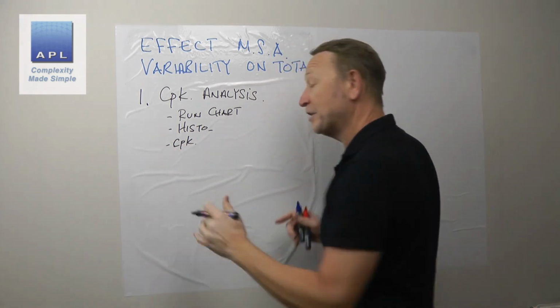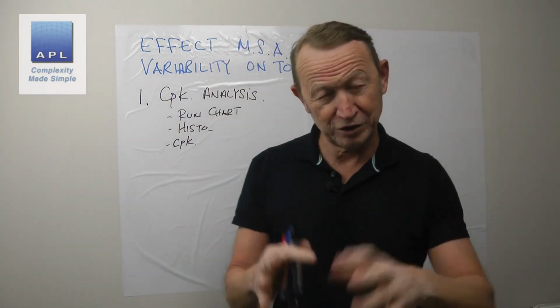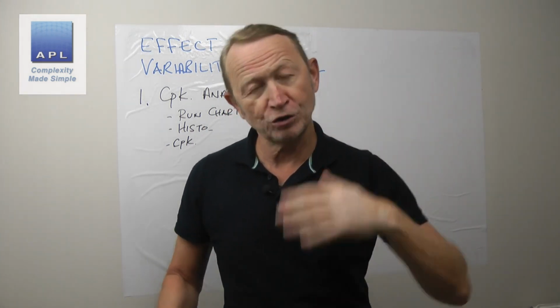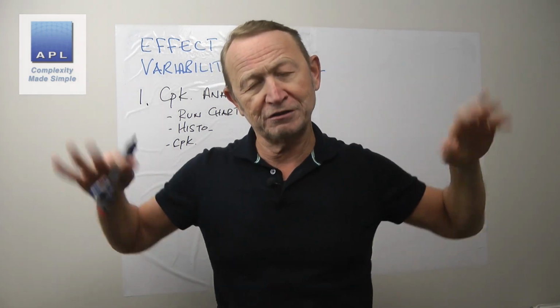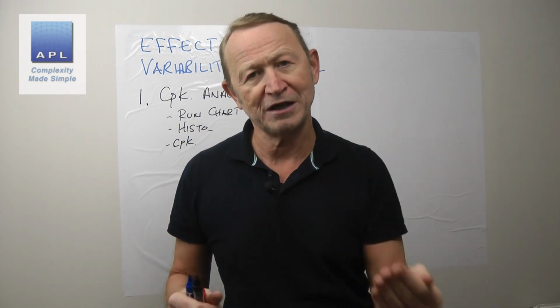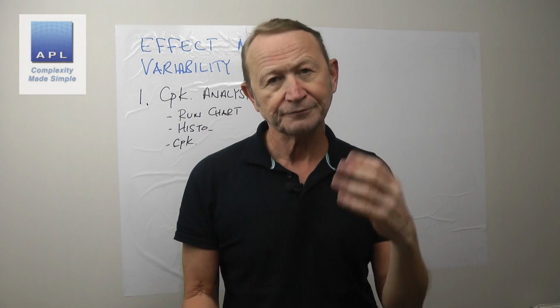That's what I would do with a data set. Where would I get the data set from? Well, normally what I would do is I would run the process 40 consecutive pieces with my hands off the machine so that I can evaluate the natural process behavior. Then I go run chart, histogram, CPK.